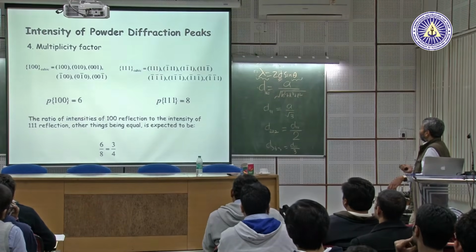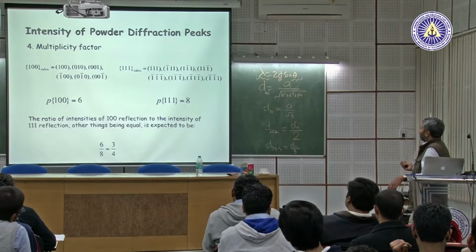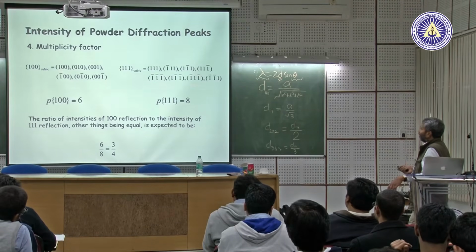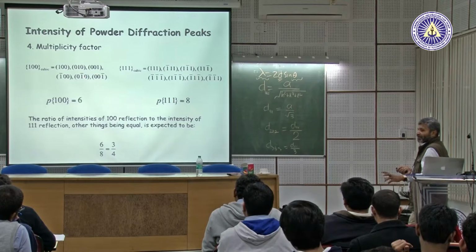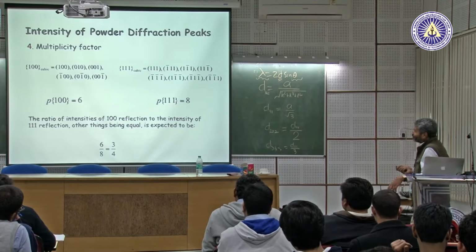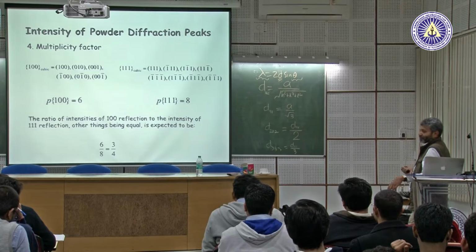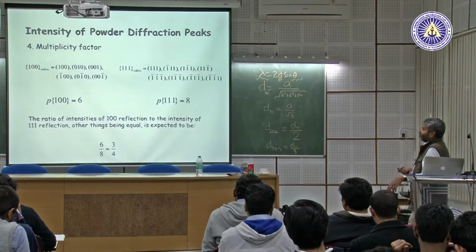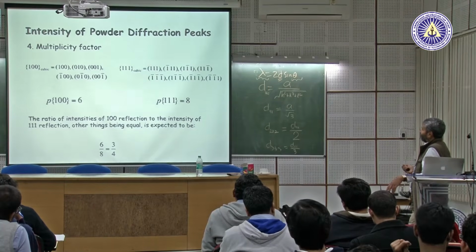So, when I apply Bragg's law, lambda is equal to 2d sin theta, theta will come exactly the same whether it is 100 or 010 or 001. In other words, all these 6 planes will be diffracting in the same theta direction. So, there are 6 members who are ready to support that direction.